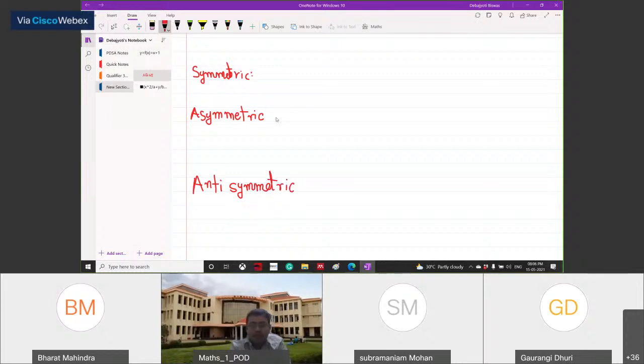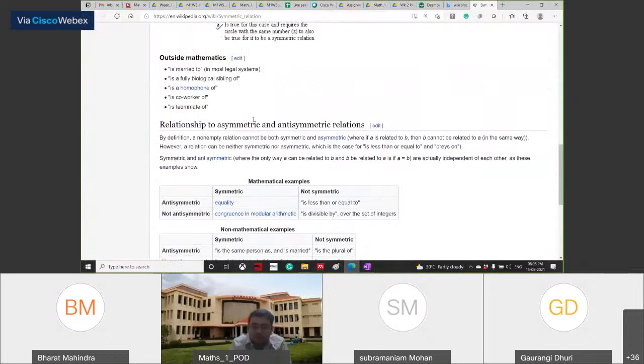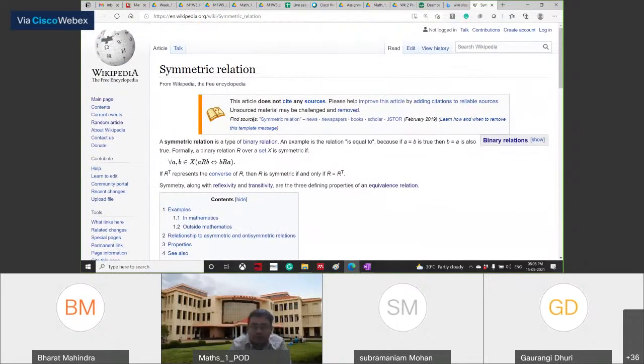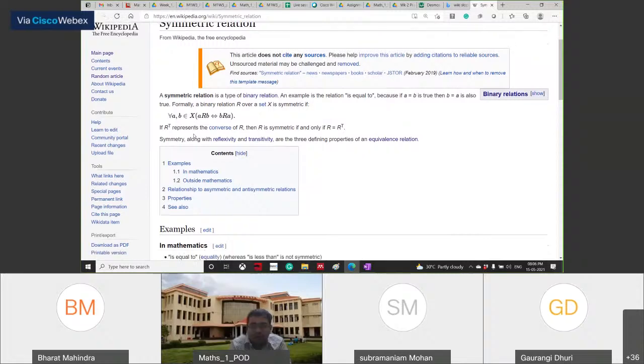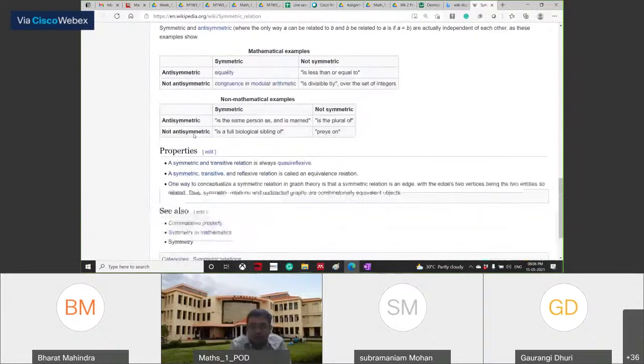Symmetric means if A is related to B, then B should be related to A, for all A and B in the set X. So basically, I will tell you.